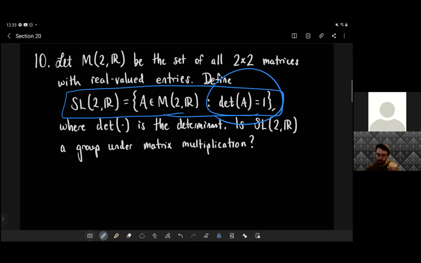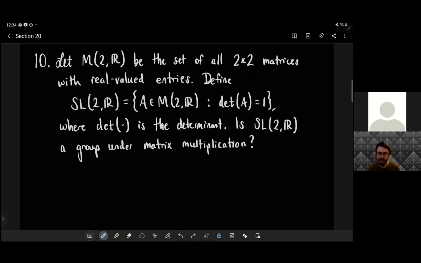It may move things around, it may rotate and skew things, but the area of whatever object you're working with is going to stay constant. So the special linear matrices are super nice. Anyway, that doesn't really matter, it's just a fun fact. The important thing is determinant 1, 2x2 matrices with real numbers. That's the set we're working with.